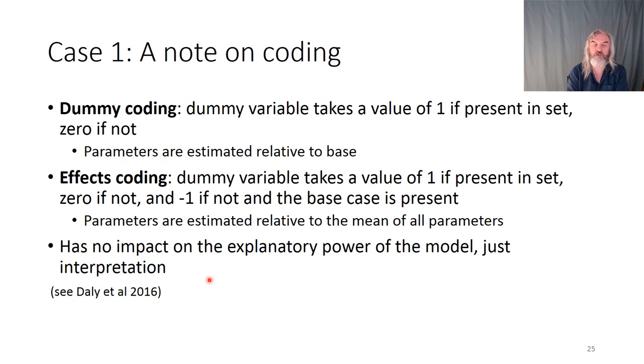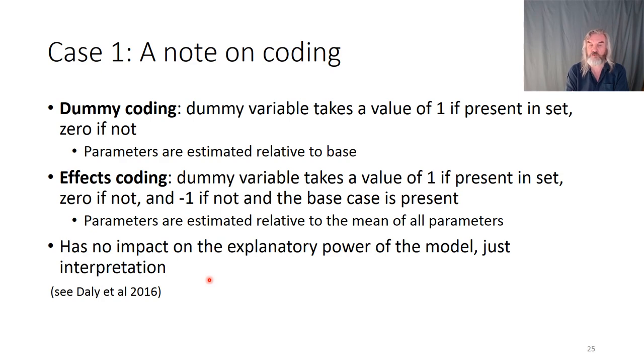So this is the standard effects coding setup. Parameters are estimated relative to the mean of all parameters. So my base now is the average marginal utility, the average score for an object, and then all the other ones are rated relative to the average.